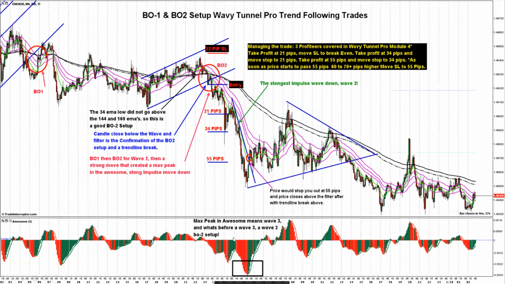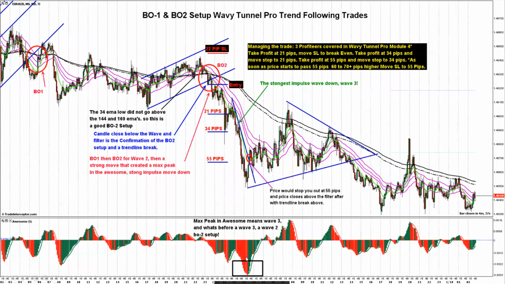So his note down here says maximum peak in awesome means wave 3. So we label this a wave 3. And what's before a wave 3? A wave 2 breakout 2 setup. So Anthony is not one of those guys who sits and labels the waves. He counts the waves using the wavy tunnel.